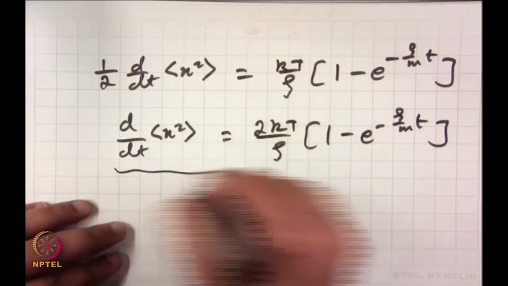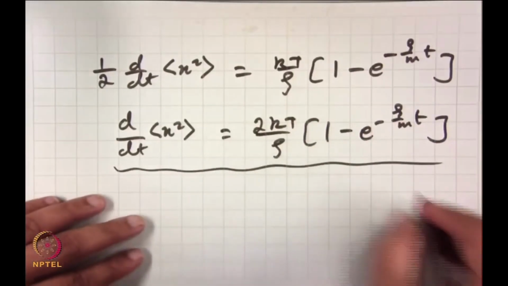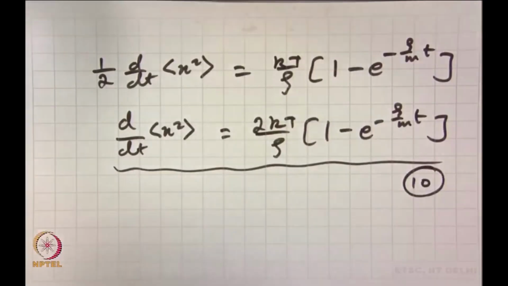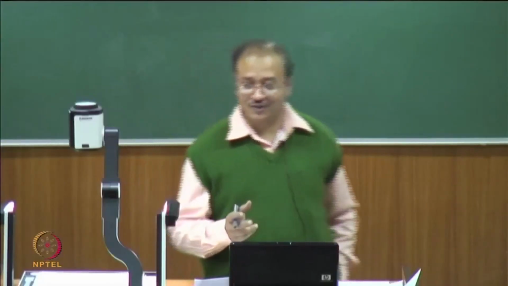Let this be equation number 10. This is more simplified than the other one because now you have put in the constant c. But the problem is we have not yet been able to find x squared, because we still have a derivative of x squared.